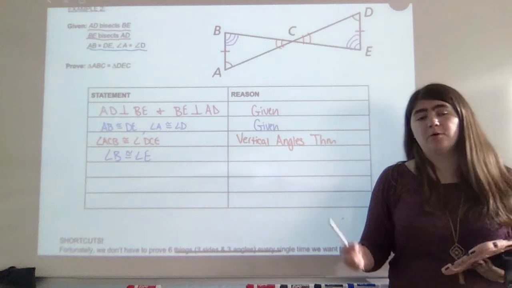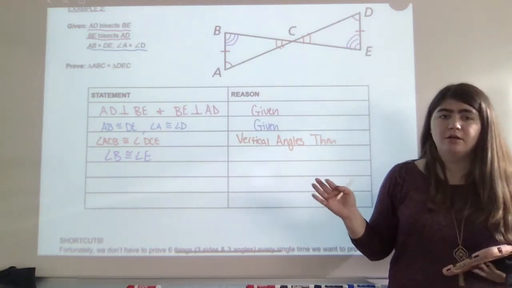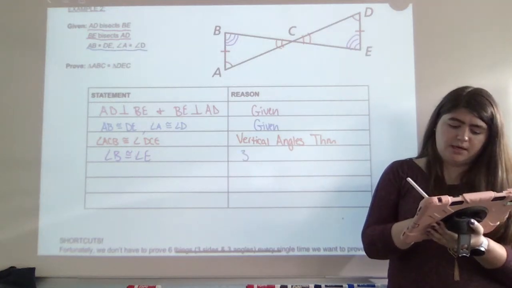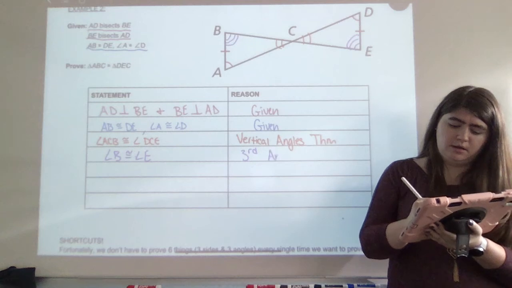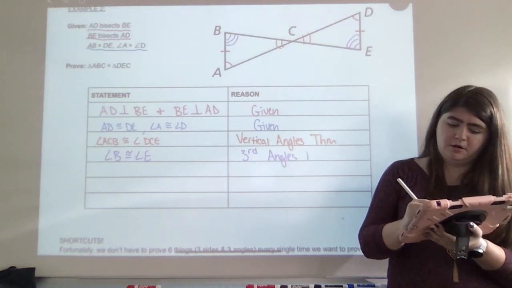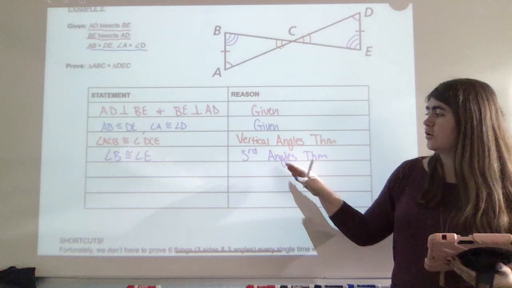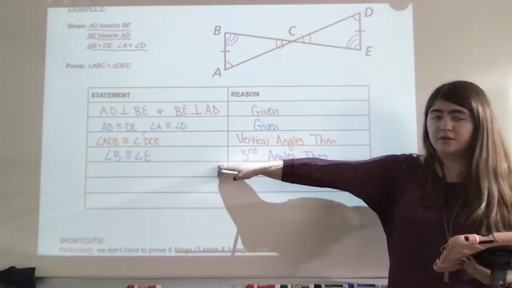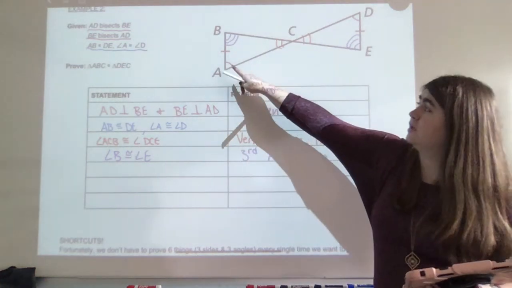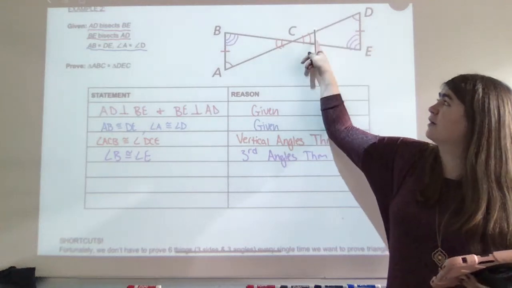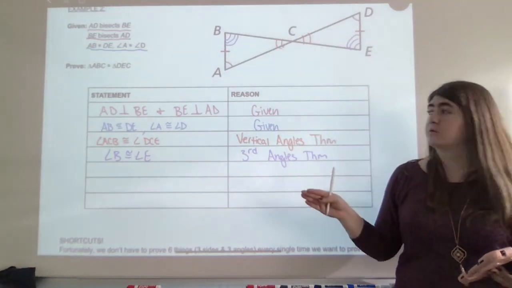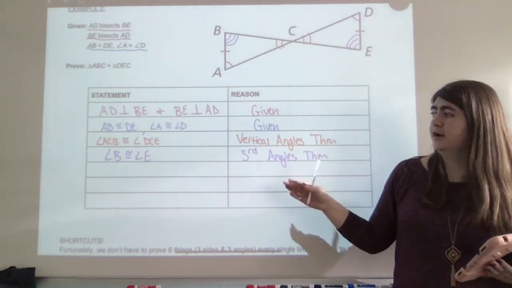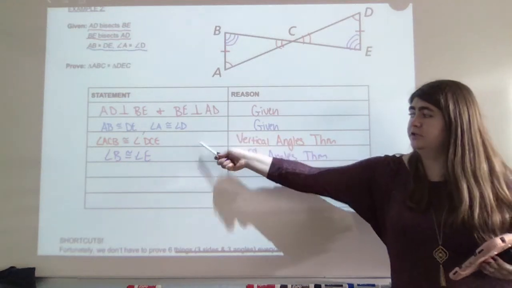That's that theorem that we just learned. It's called the third angles theorem. I'm going to write that out here. Third angles theorem. I know that I can use this and that these are congruent because I already know two pairs of angles in these triangles are congruent to each other. Alright, so I have 1, 2, 3 angles.